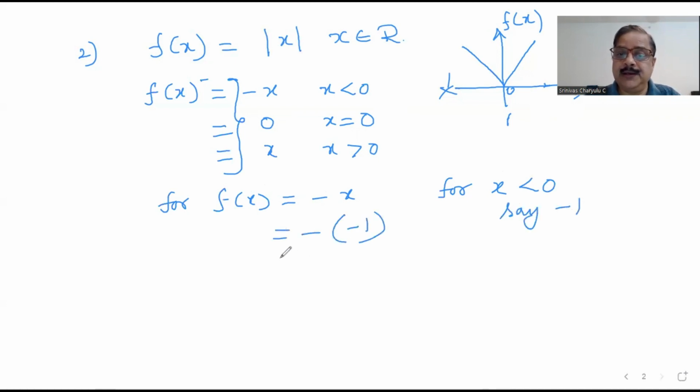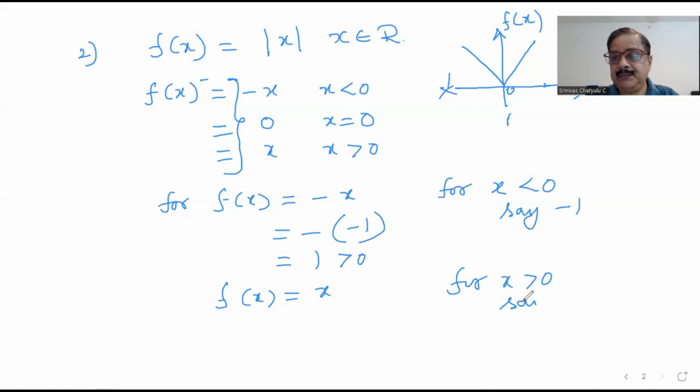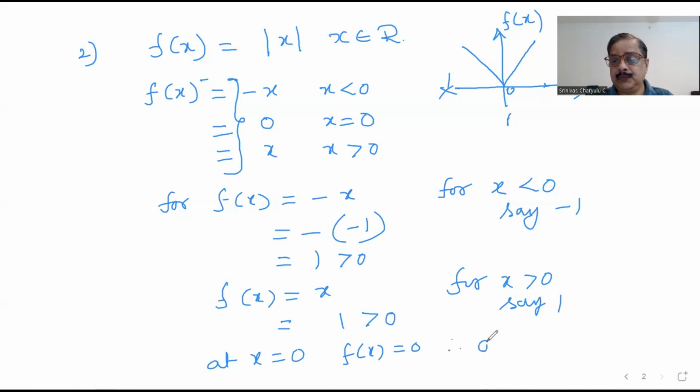Minus of -1, that is 1, which is greater than 0. Then f of x is equal to x: for x greater than 0, take say 1. Then 1 will come, which is also greater than 0. Followed or not? At x is equal to 0, f of x is equal to 0. So therefore, there is only a minimum, no maximum.